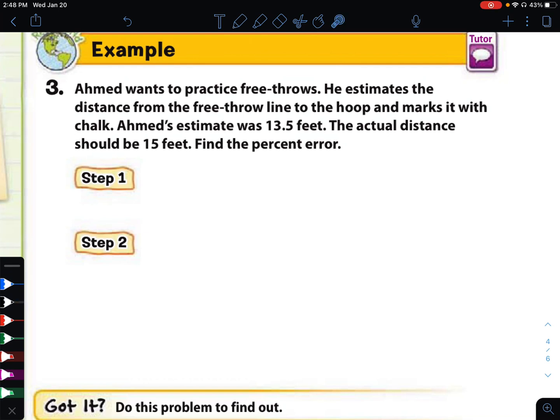Ahmed's estimate was 13.5 feet from the free throw line to the basket. The actual distance should be 15 feet. Find the percent of error. So Ahmed thinks when he's shooting free throws, it's only 13.5 feet, but the actual distance is 15 feet. So we want to find the percent of error.